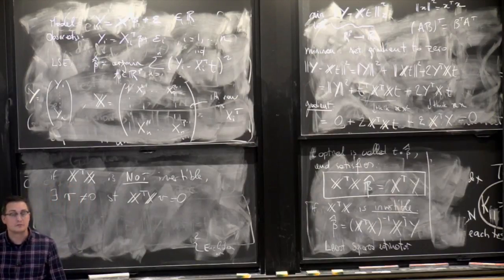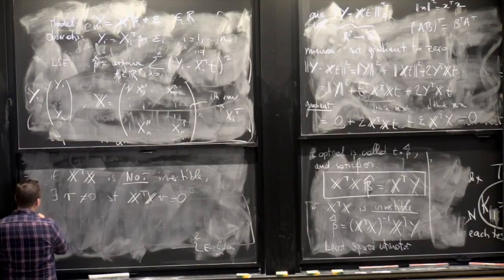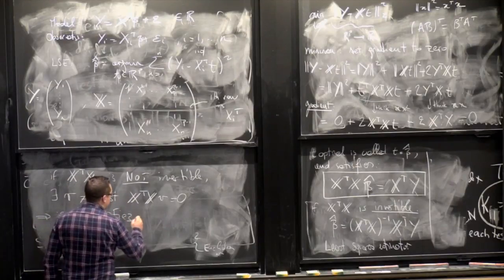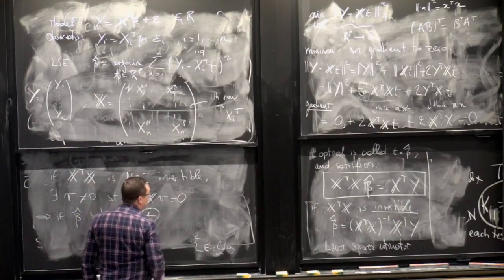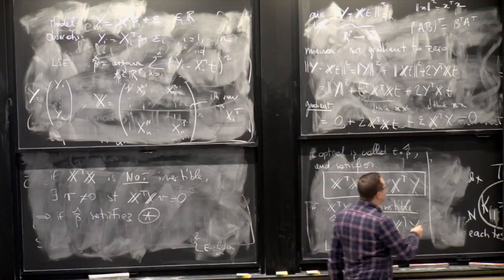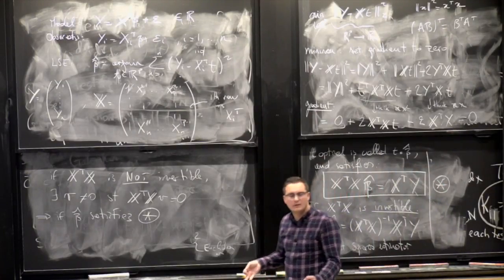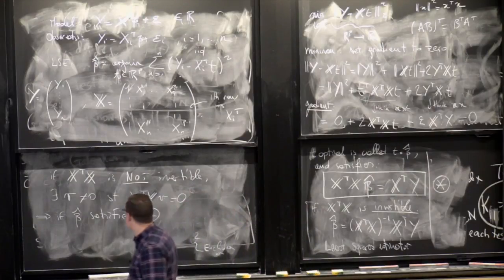That's what it means to not be invertible. So in particular, if beta hat is a solution, so this equation is sometimes called score equations, because the gradient is called the score. And so you're just checking if the gradient is equal to 0.